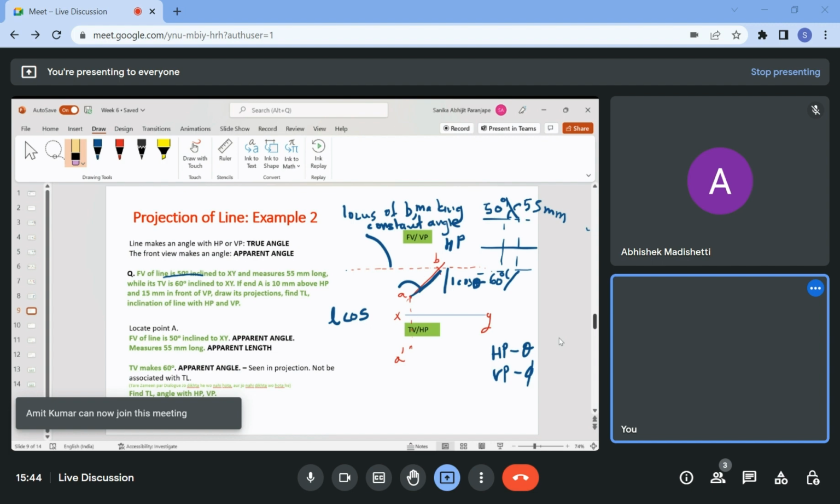Wherever it intersects, if I join A dash and this new point that I got, B double dash, let's say, that will again be my true length, and I will get an angle which is my true angle with VP.